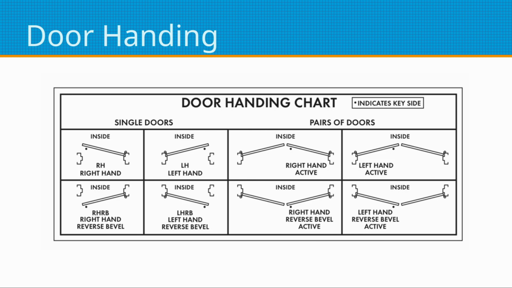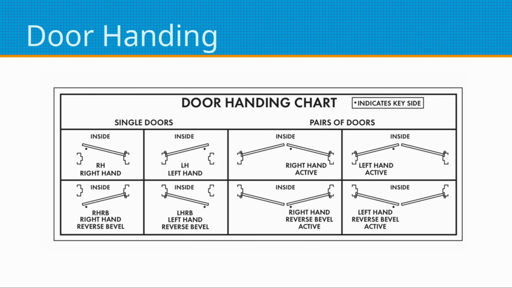It's a matter of which side of the hinges you're on, which direction the door swings, and basically where the hinges are, how the door swings, and which side you're standing on. So in this particular picture here, you'll see a dot in each of the pictures, and that indicates where the key is.